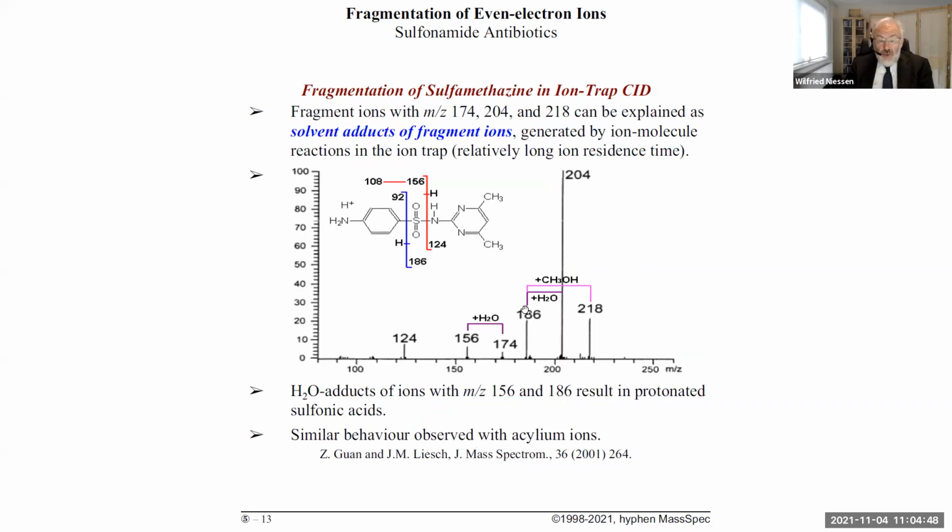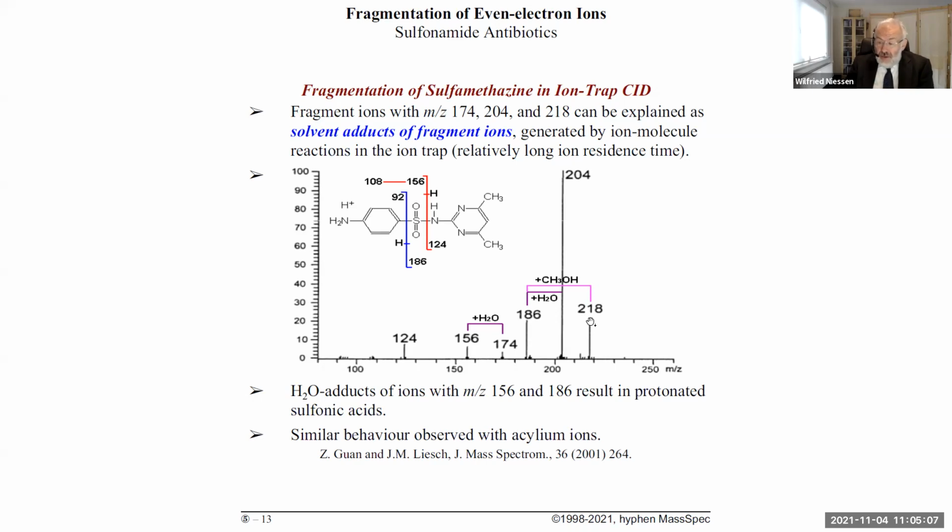That would explain the 204 as well as the 174. And when instead of combining with water, it combines with methanol, it gives you the 218.